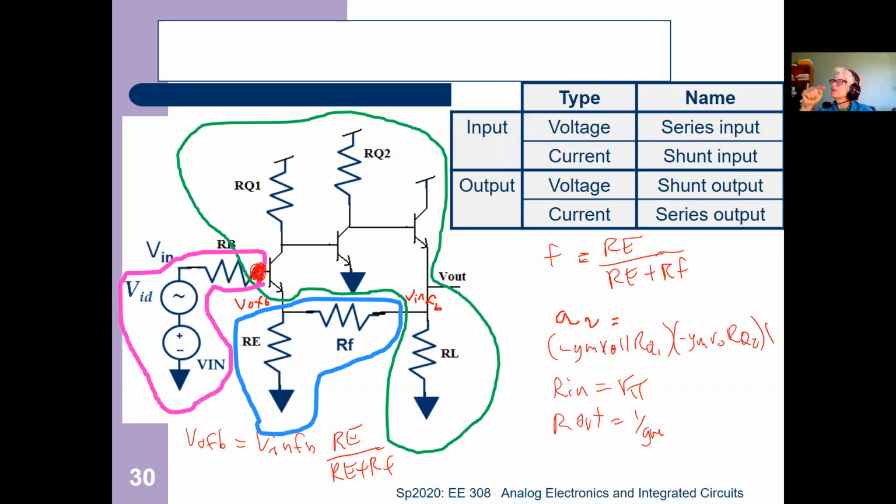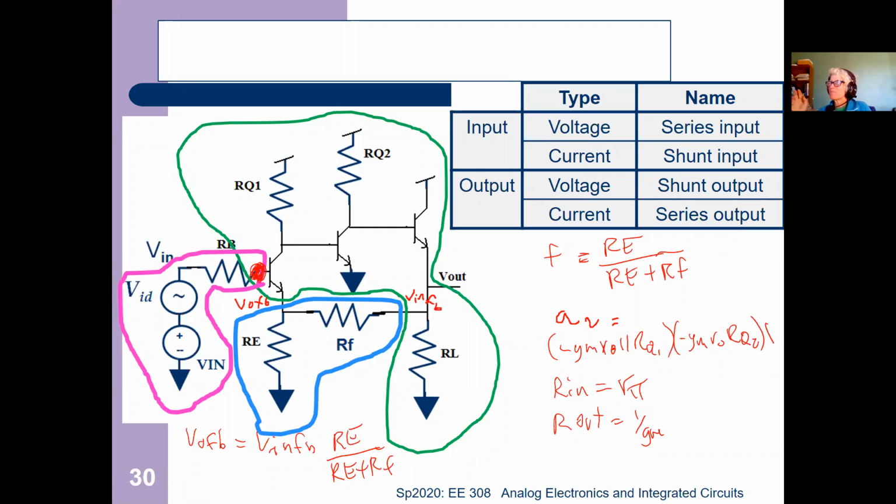So V out is the same voltage that goes into your feedback block. If those are on the same node, then that's considered shunt. They're connected together, so they're considered shunt. So if the output is shunt, that means the output of that circuit is actually voltage.